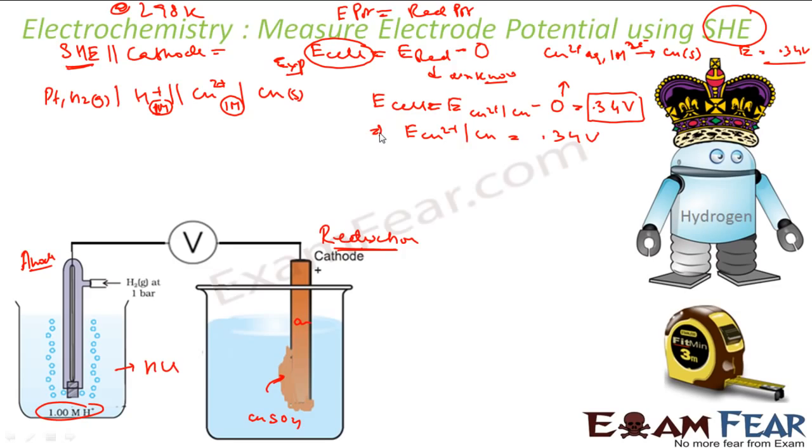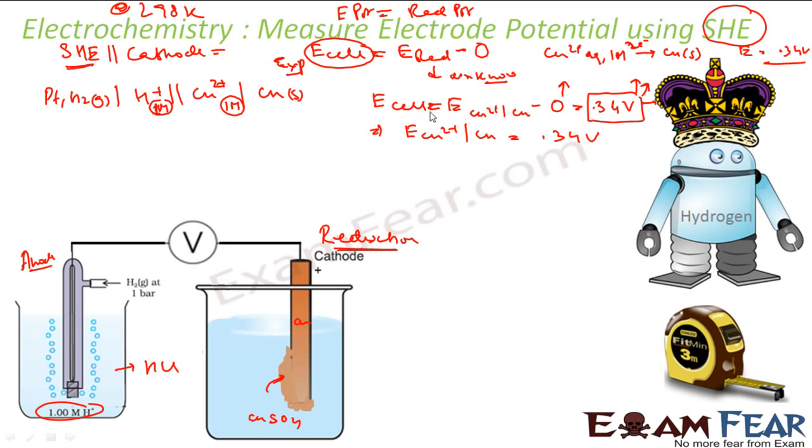It just indicates that copper 2 plus ions get more easily reduced than H plus ions because it has a positive reduction potential. Positive reduction potential means copper 2 plus easily gets reduced to copper as compared to H plus ions to hydrogen.